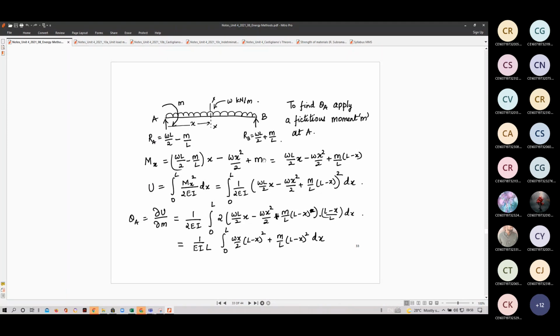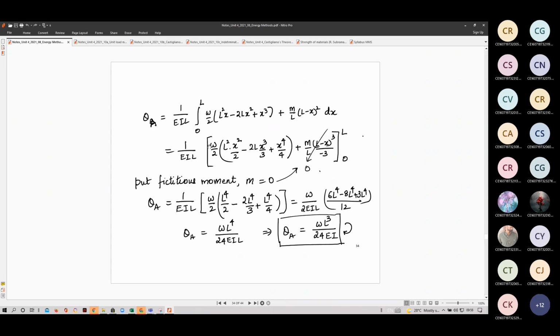Mx will be this expression. So strain energy will be M square by 2 EI dx. Then theta A is the partial derivative of U with respect to M by Castigliano's theorem, the partial derivative with respect to the applied fictitious moment. So differentiate first and then integrate.